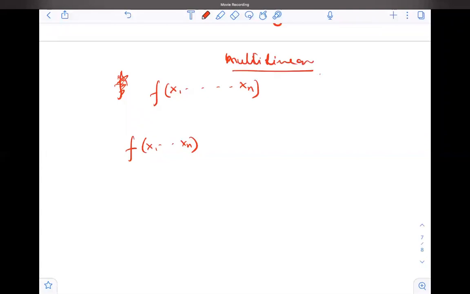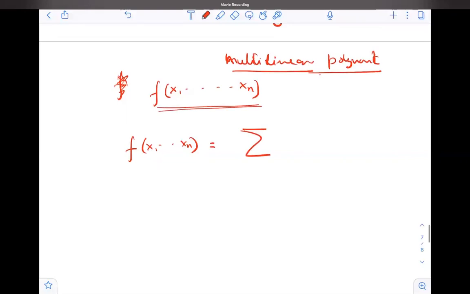What I mean is that if this is a multilinear polynomial, meaning any monomial here is just a product of some variables, then this can be written as a summation over any subset S of this set of variables, A_S times the product of x_i, i in S, and A_S is just any real number.